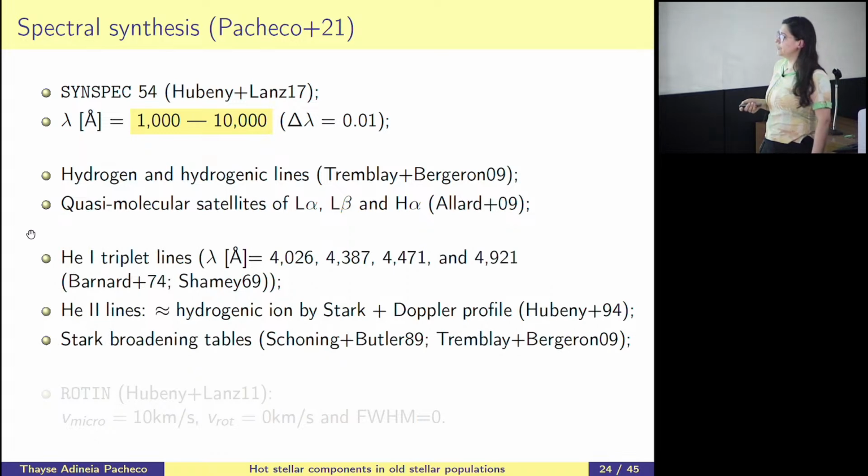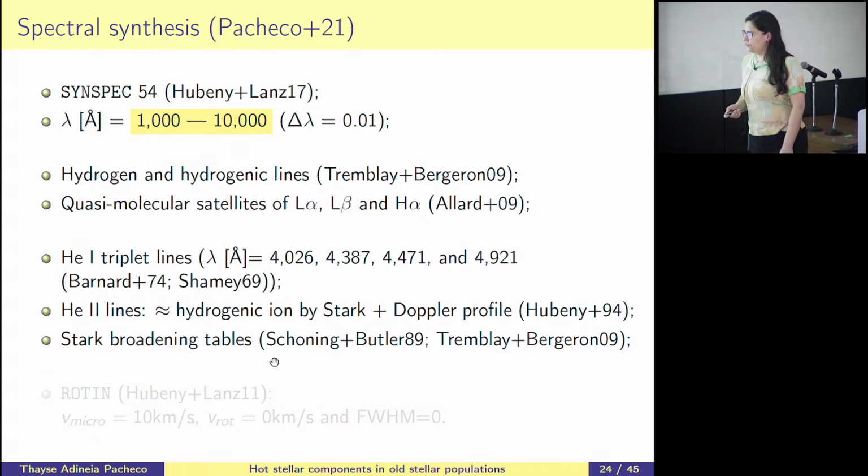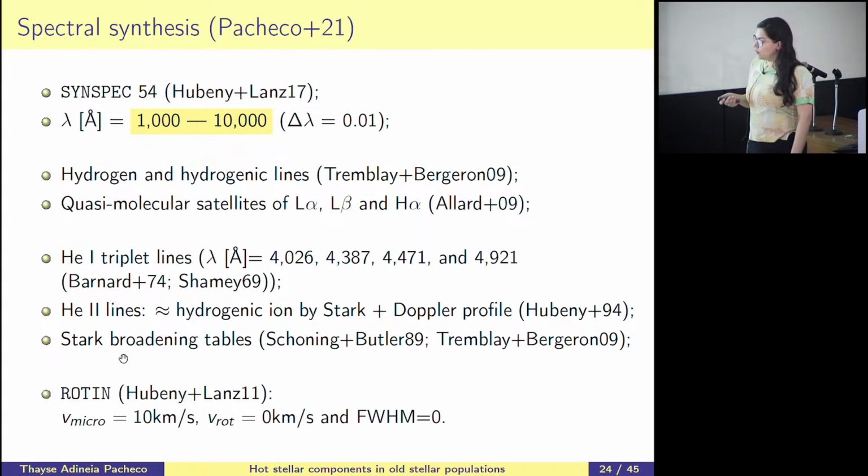We also included helium triplet lines and helium-2 lines as an approximation of hydrogenic ion by Stark and Doppler profile, and we included Stark broadening tables. Finally, we ran it using a microturbulence velocity of 10 kilometers per second with no rotation and no instrumental broadening.